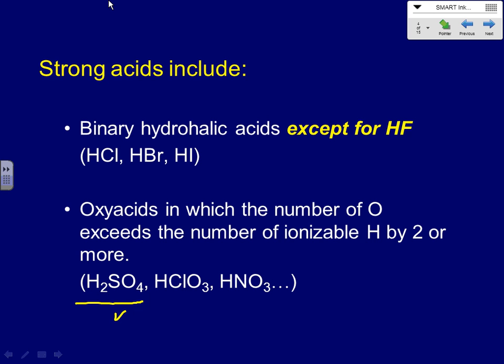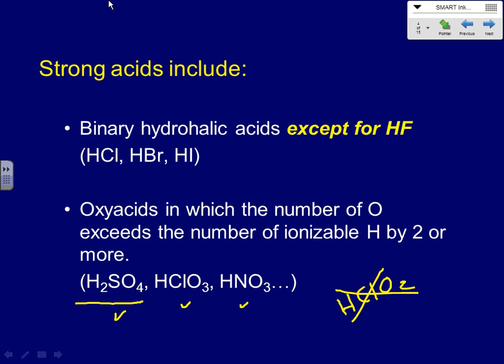HClO3, 1 to 3, are there 2 more O's? Yes. If I had something like, instead of chloric acid, HClO2, which is chlorous acid, 1 H and 2 O's, the number of O's doesn't exceed the number of H's by 2 or more. That is not a strong acid.